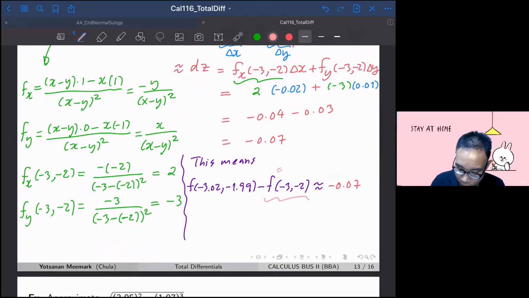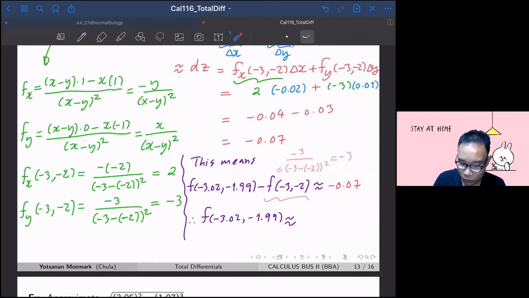Okay, so it's going to be like this, and you'll be able to compute f(-3, -2). So this guy will be, it's going to be x, right? So it's negative 3, negative 3 minus 2 squared. So it's going to be negative 3. So this guy is equal to negative 3. So this allows us to obtain the approximation of f(-3.02, -1.99).